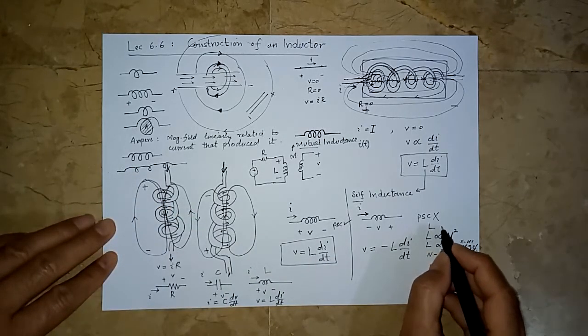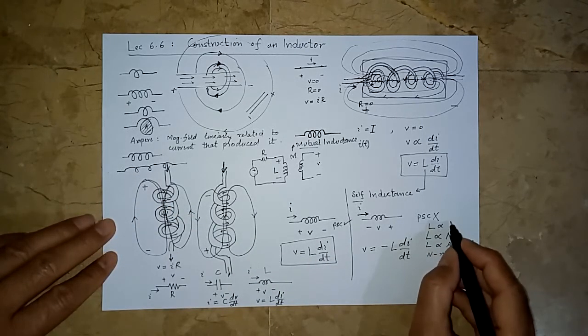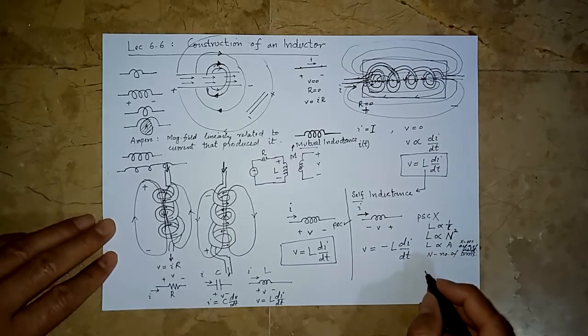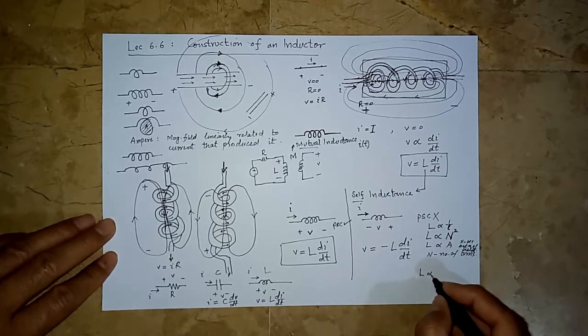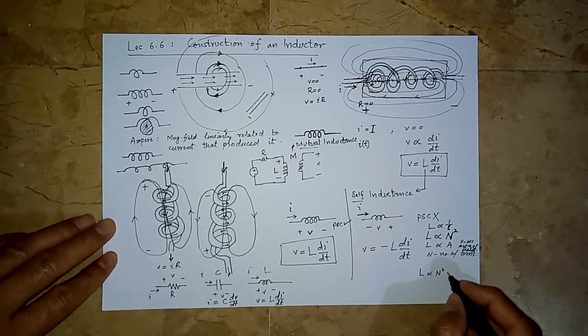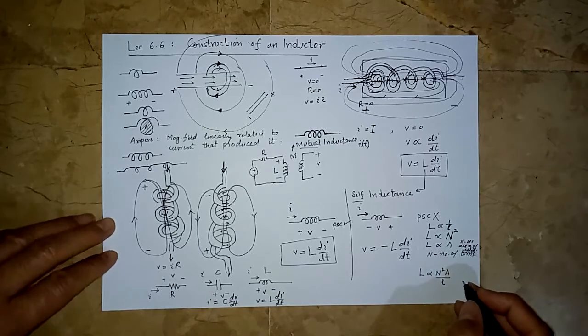So we can say that the inductance is inversely proportional to the length of the helix. So let me write it with small l. Combining all these parameters that define the construction, L is proportional to N square into A over l, the length of the helix.